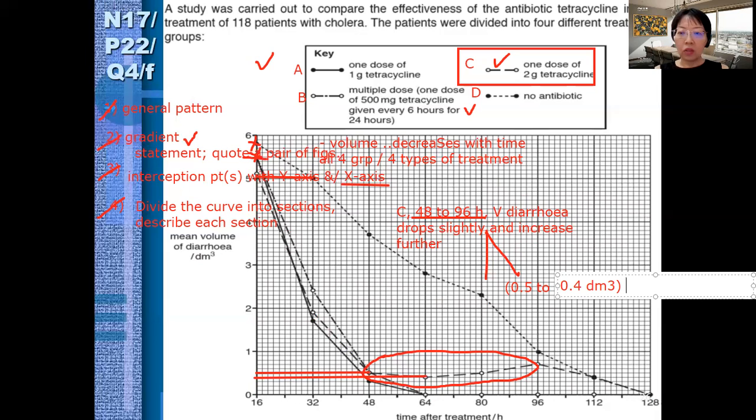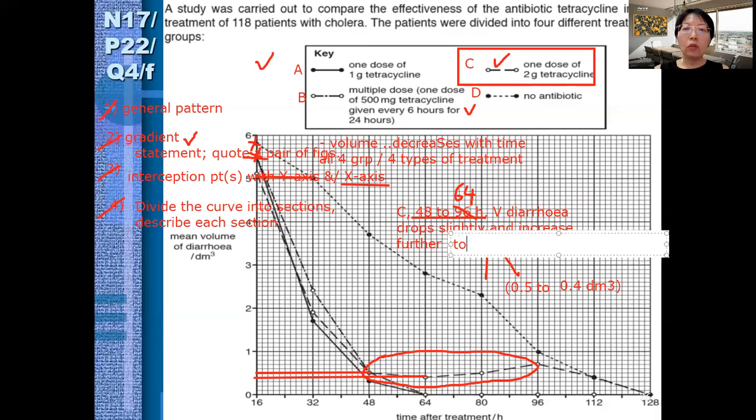So from 48 hours to 64 hours, the volume of diarrhea drops slightly from 0.5 to 0.4 decimeter cube, and then increases further to, so then you read the volume as well as the timing.